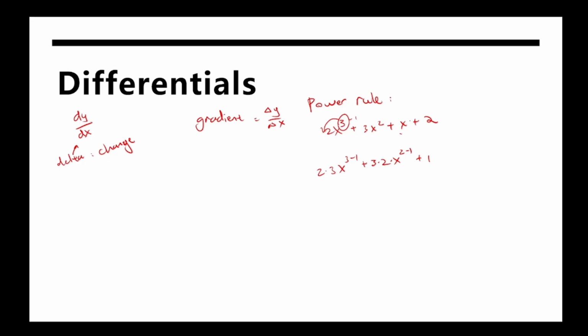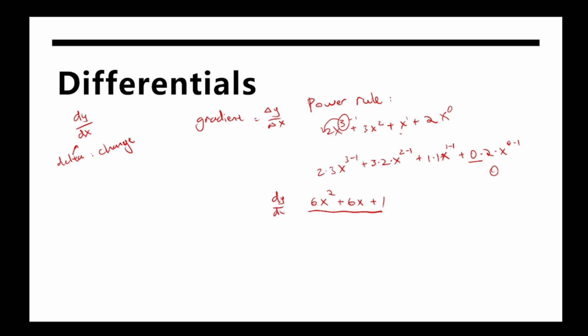The coefficient is 1, and the power is also 1: 1 times 1 times x to the power of 1 minus 1, plus, here is actually x to the power of 0, so it's 0 times 2 times x to the power of 0 minus 1. Well, because it's 0 here, so this is gone. So here you will get 6x squared plus 6x plus x to the power of 0 is 1, so just 1.